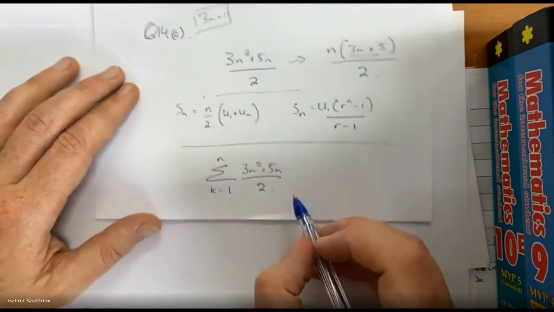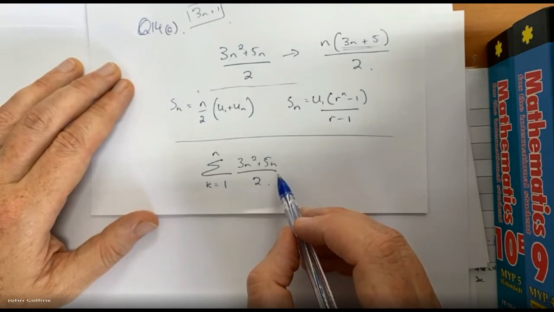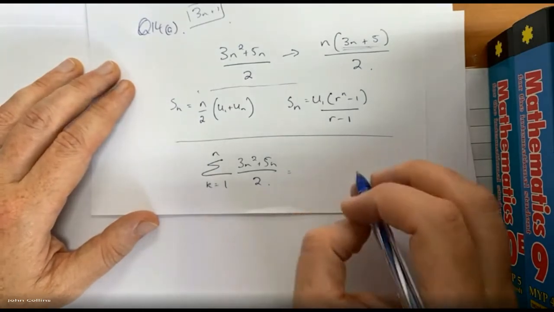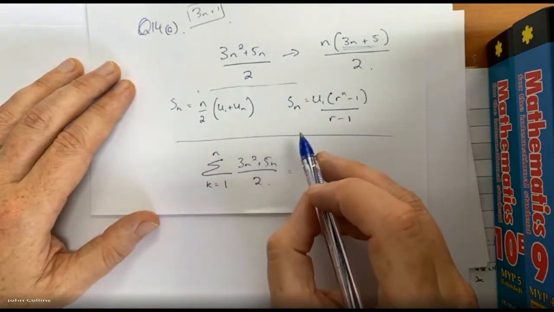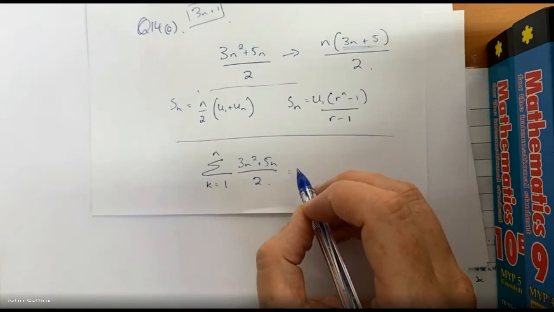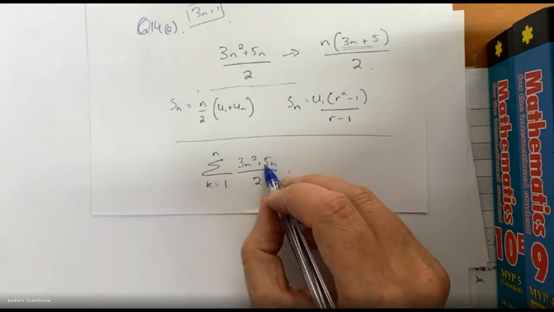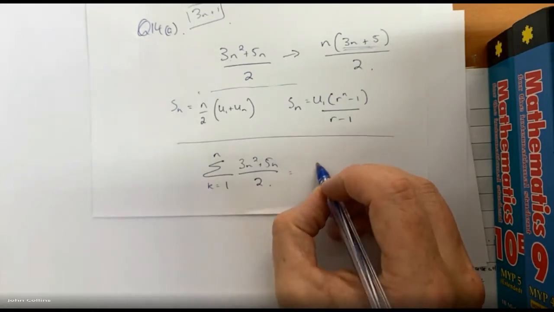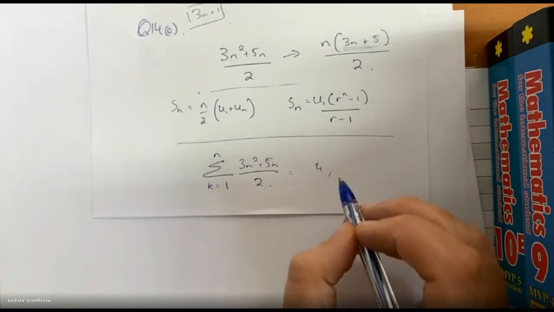Okay, so what's the first term? This one I might have to wait till tomorrow to do. Can't remember how to do this one. Sum of the first term. 1, 3 plus 5, 8 over 4. Sum of the first two terms.